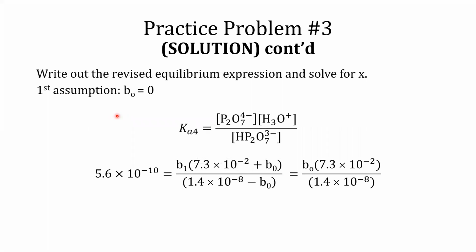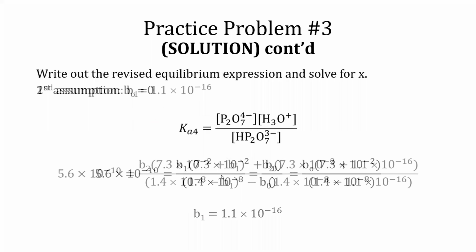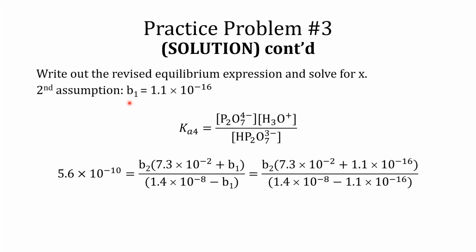In the first assumption, B0 equals 0. So after solving for B1, it equals 1.1 times 10 to the minus 16. In the second assumption, with B1 equaling 1.1 times 10 to the minus 16, in solving for B2, it equals 1.1 times 10 to the minus 16.